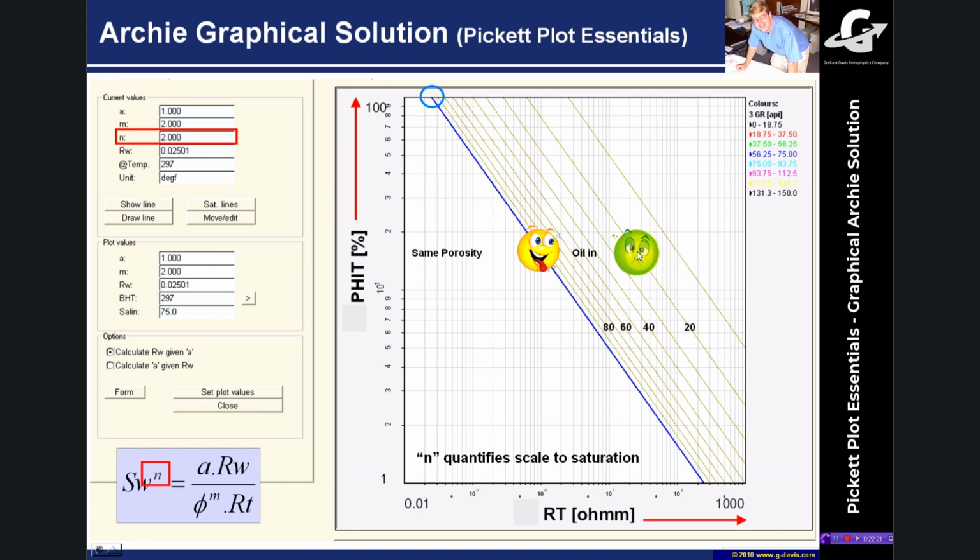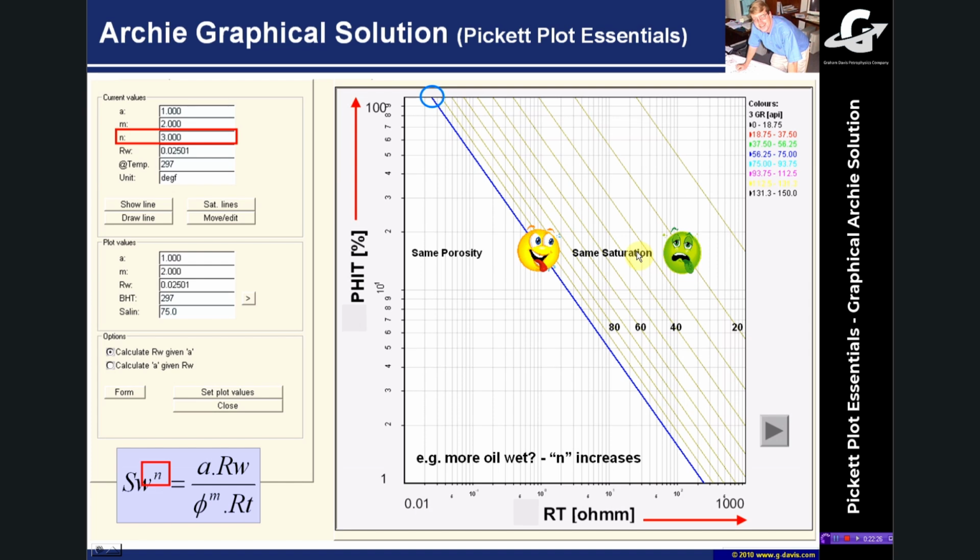Now, depending on the amount of work that has to be done in the pore space, we could get the same saturation, but in a slightly more, perhaps, oil-wet rock. To get that same amount of water saturation or oil saturation, we have to work a little bit harder. The resistivity we require here, for example, is 100 ohm meters, which gives us 20% water saturation.